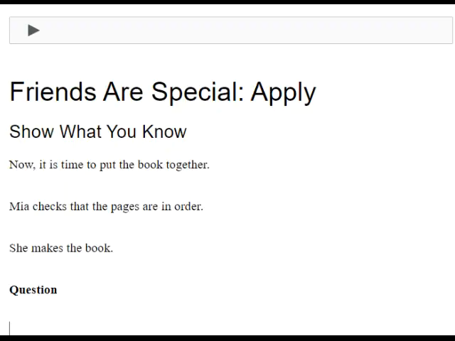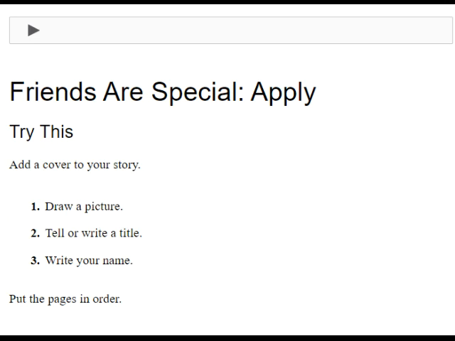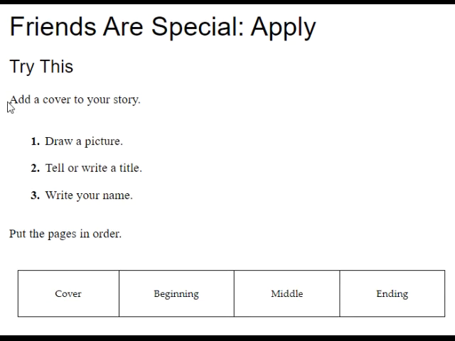Now it is time to put your book together. Remember, we need to make sure everything is in order. So first, we'll make sure we add a cover to our story. Next, we will draw a picture. We will also tell or write a title, the name of your story, and you want to include your own name as well, since you're the author.